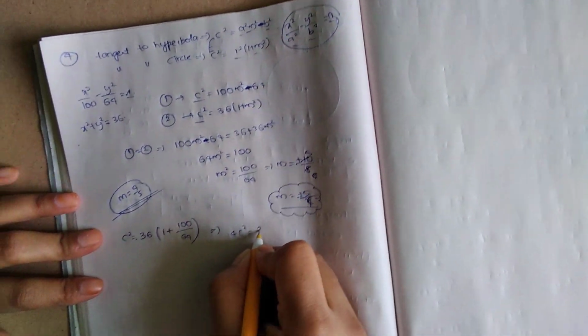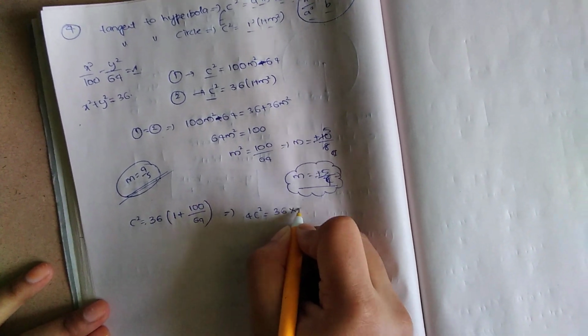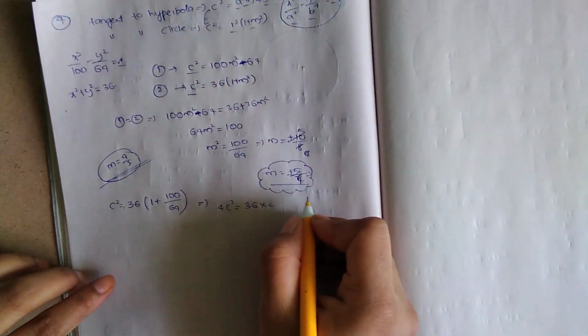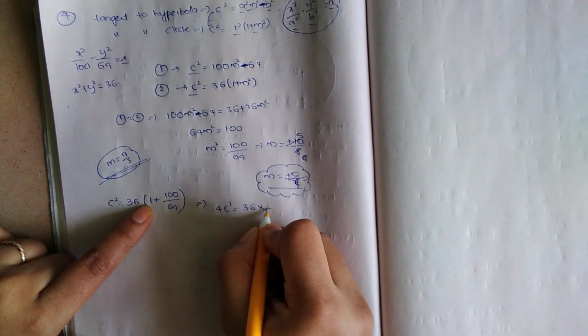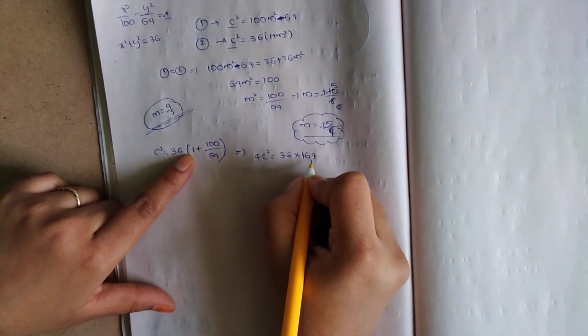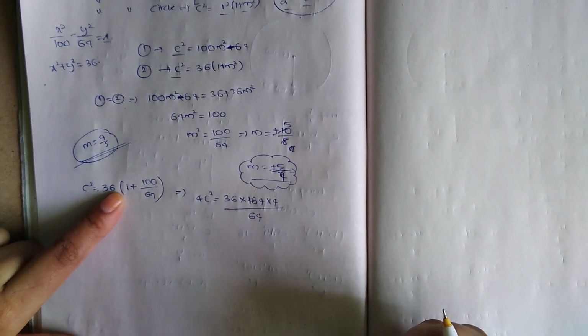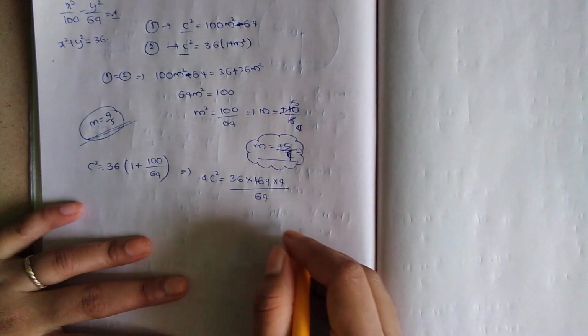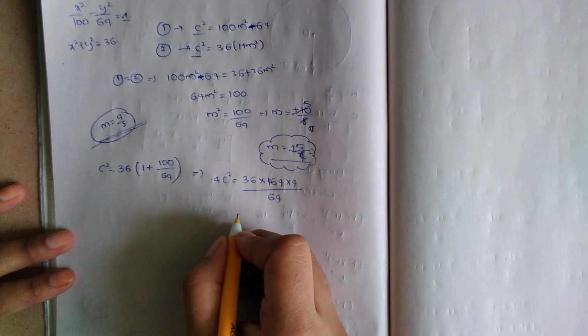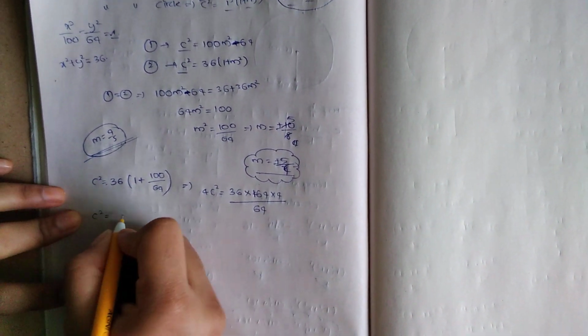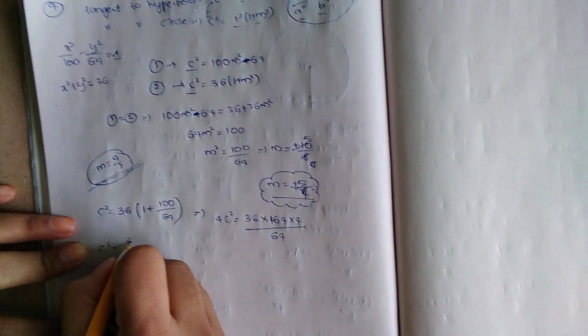4c square is equal to 36 into 4. First I am taking c square, then we'll multiply so that it may become easy.